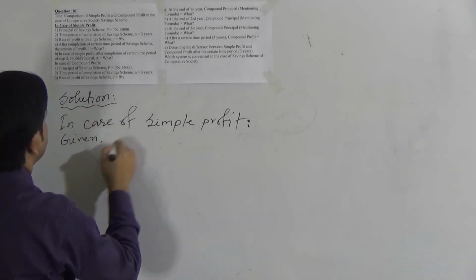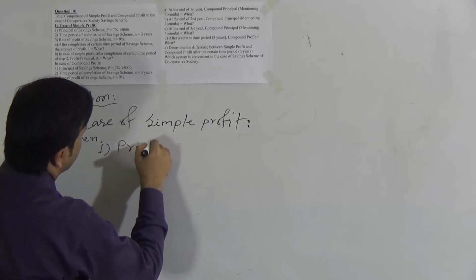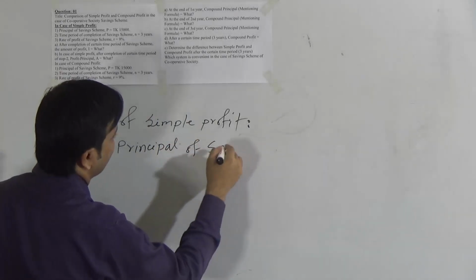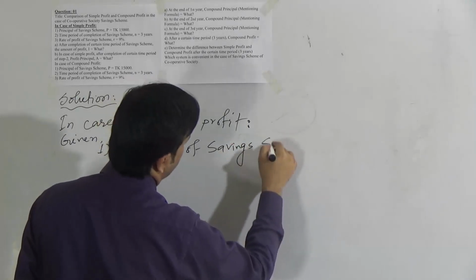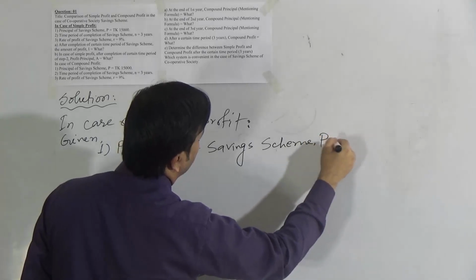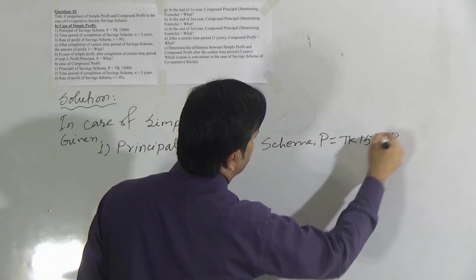First one is principal of savings scheme. That is P equal to taka 15,000.